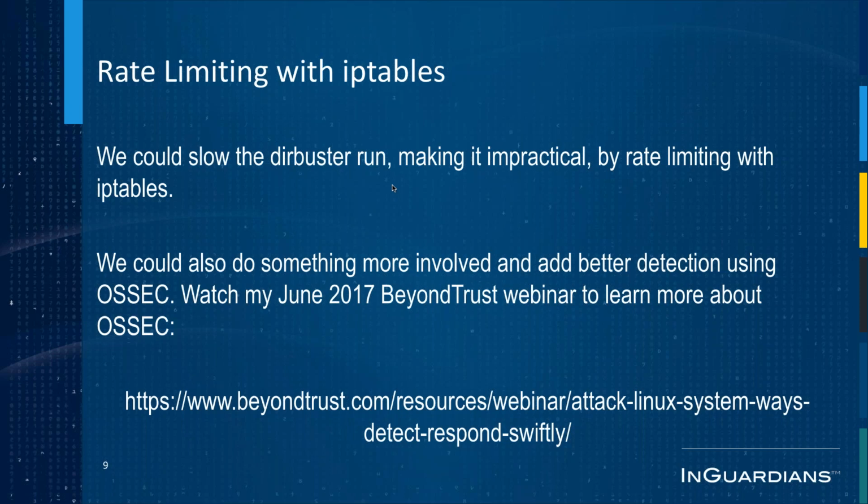When that time is over, if that IP address still keeps going nuts, sending 800 requests a second, then I'll block it for even longer, and even longer. That kind of active defense can be really, really useful. I showed how to do that in depth in my June BeyondTrust webinar, and here's the link for it.